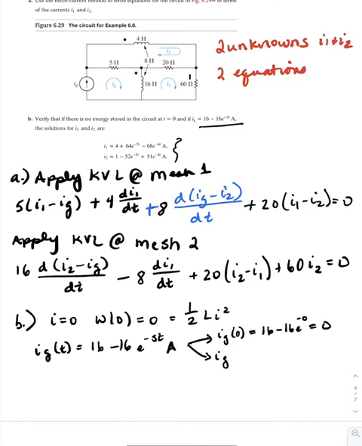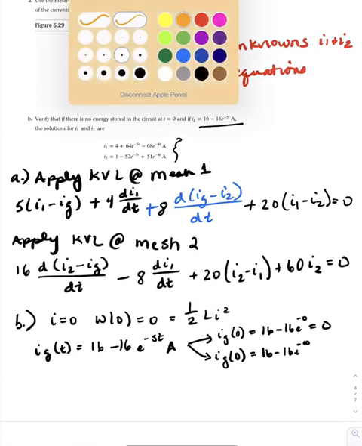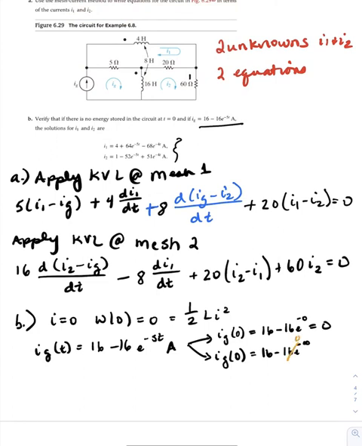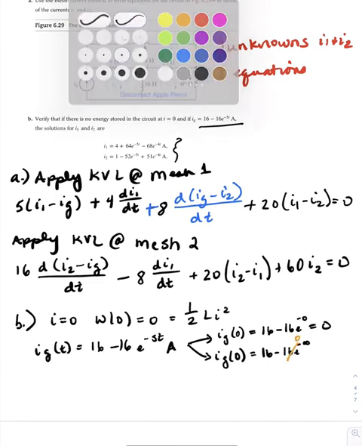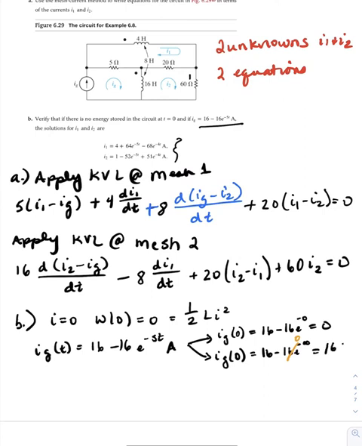And at infinity, I sub g is equal to 16 minus 16 e to the minus infinity, which is 0. So it'd be 16 amps. And I sub 1 is equal to 4 plus 64 e to the minus 5t.